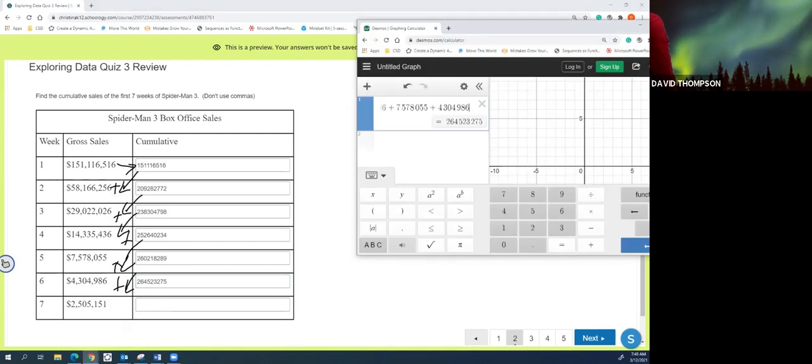And then last, add your last line. So add 2,505,151.